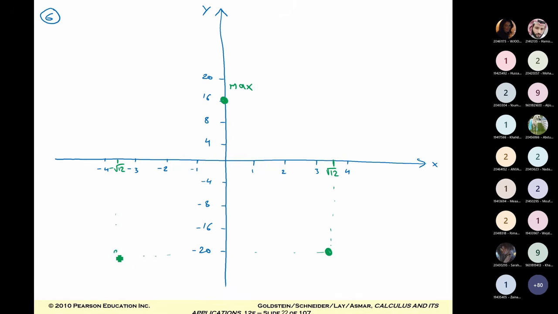So these are the positions of the minimum and minimum, negative radical 12 and minus 20, radical 12 and negative 20, and the maximum 0 and 16. Okay. Also we have the inflection points.